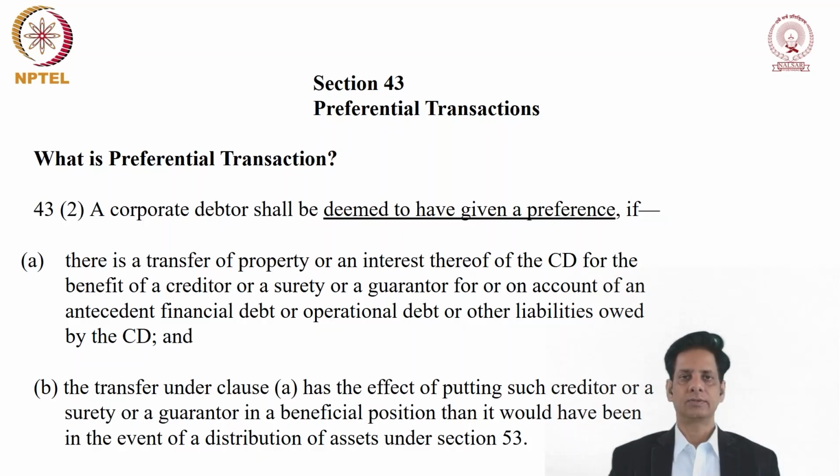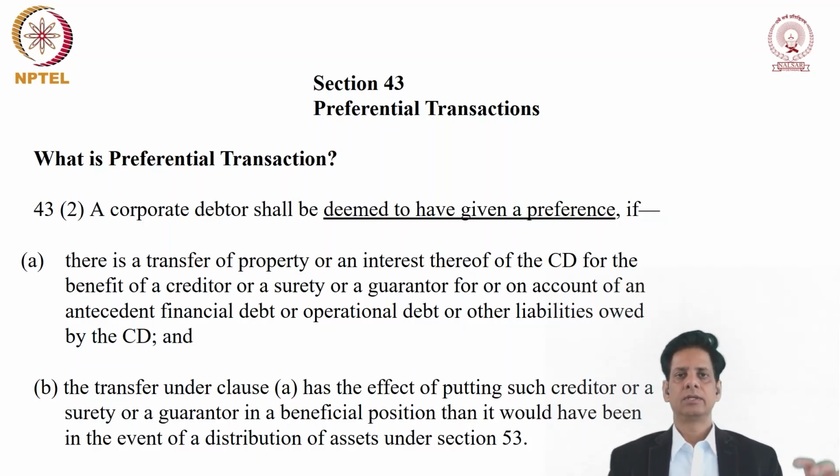Number one, if there is a transfer of property or an interest thereof of the CD for the benefit of a creditor or a surety or a guarantor for or on account of any antecedent financial debt or operational debt or the liabilities owed by the CD.